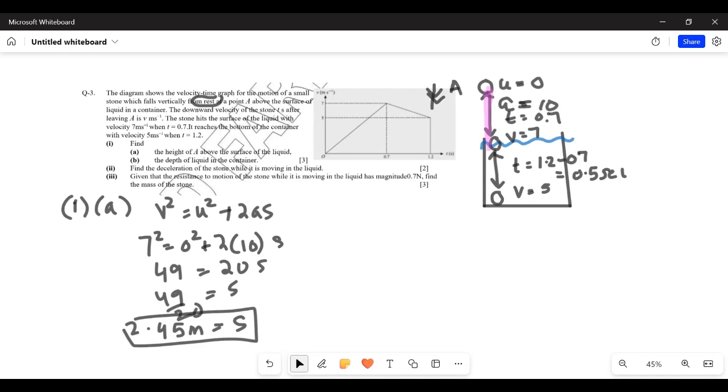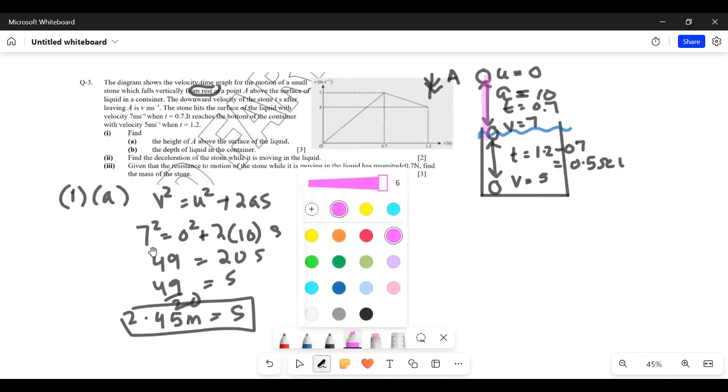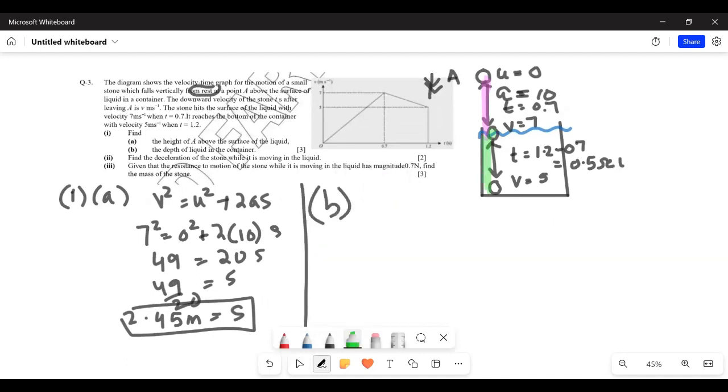In part B, it's asking for the depth of the liquid inside the container. So now this length is required. What do we do? What's going to be the depth of the liquid? Now for this part, u is 7, the initial speed.